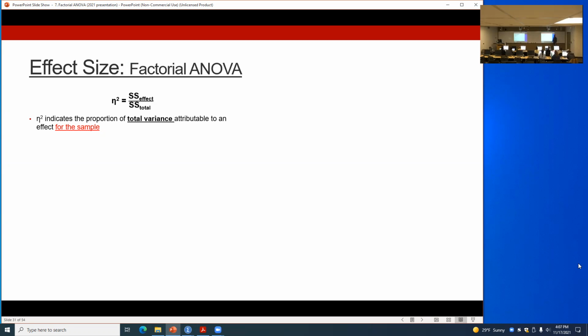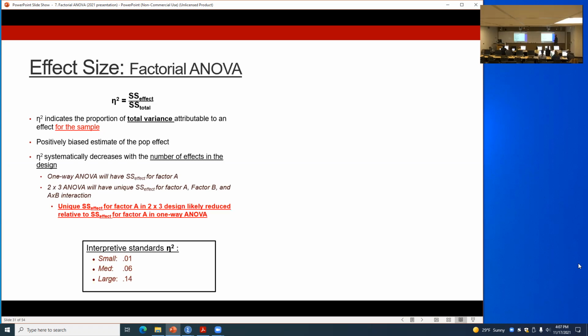Remember that eta squared is positively biased, so we want to be careful with that. The problem we run into with eta squared in a factorial design is that it's typically going to get smaller the more factors we have in there.